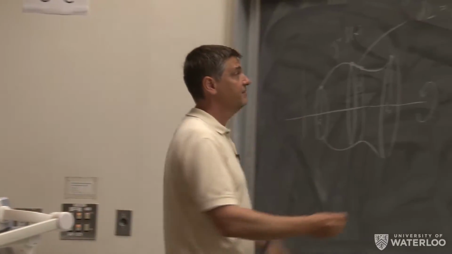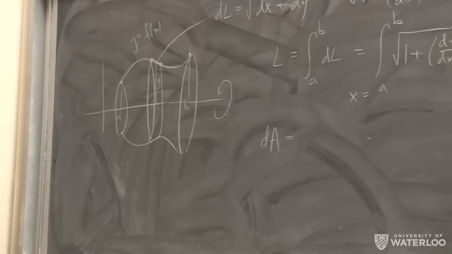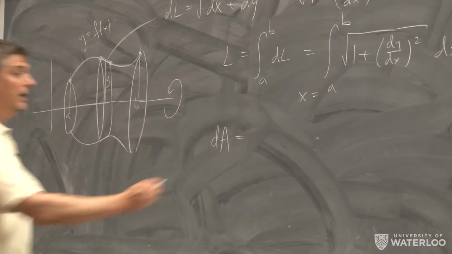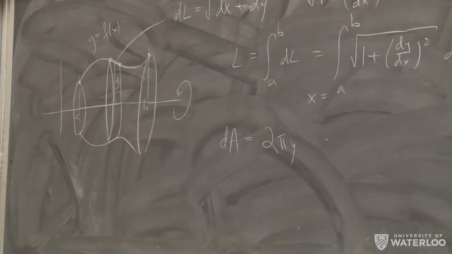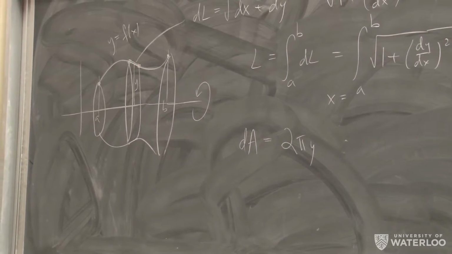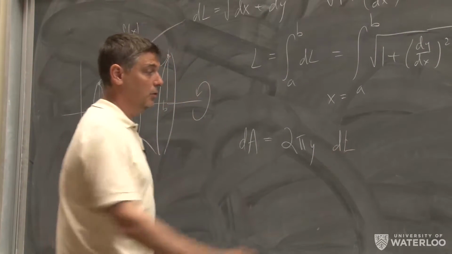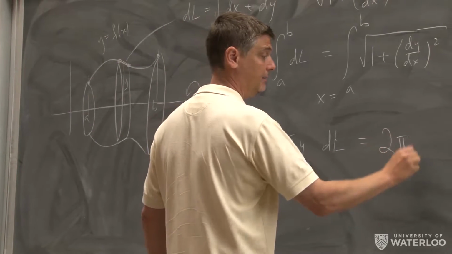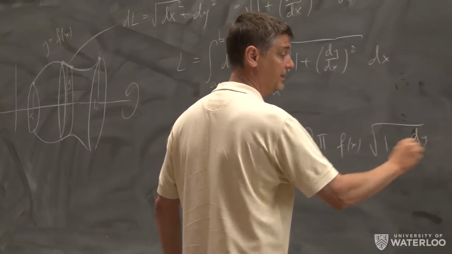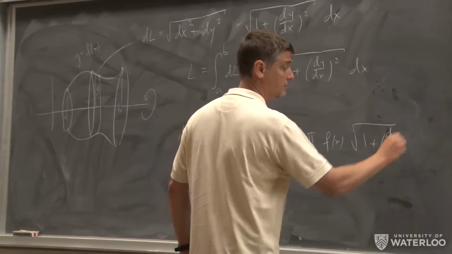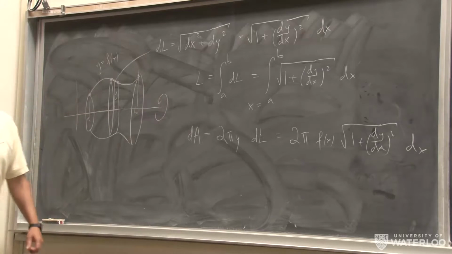And a little piece of surface area is given by 2 pi y, which would be the circumference of a central circle along that piece of a cone, multiplied by dl, or 2 pi f of x square root 1 plus (dy/dx) squared dx, and that gives you a formula for the area.